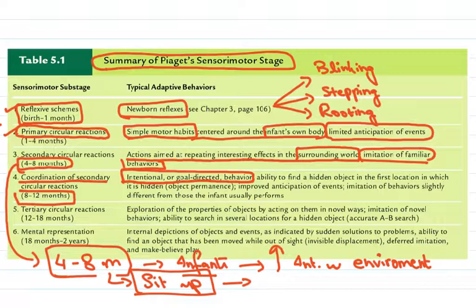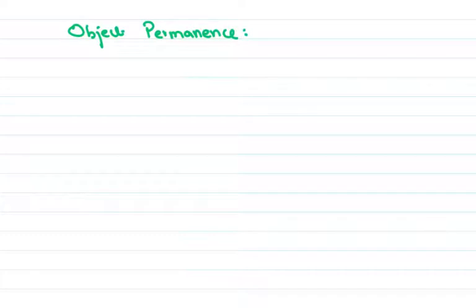Then you also have some evidence of object permanence. What exactly is object permanence? It is this understanding. Object permanence is a very important milestone that young children reach. With very young children who are younger than 8 months, you don't have a lot of object permanence according to Piaget.